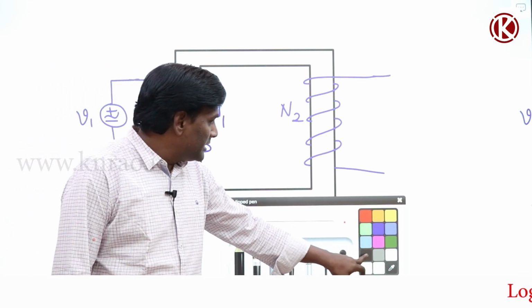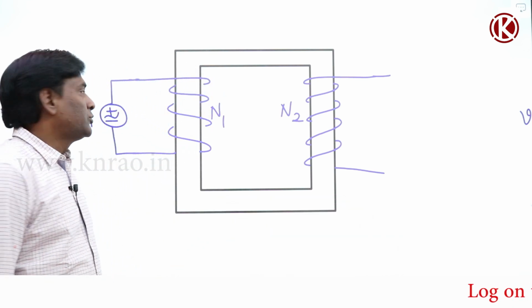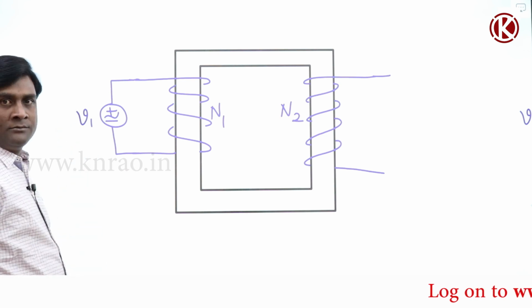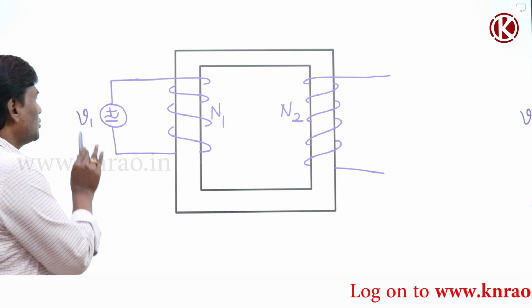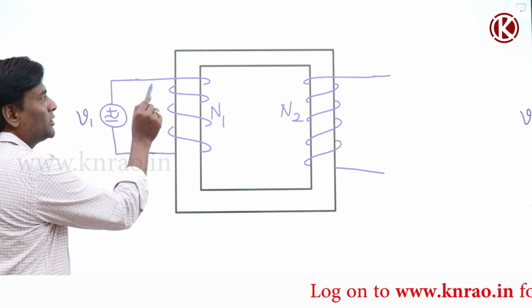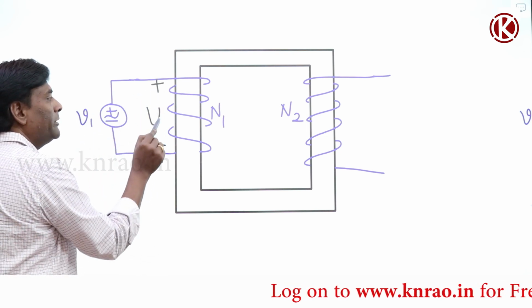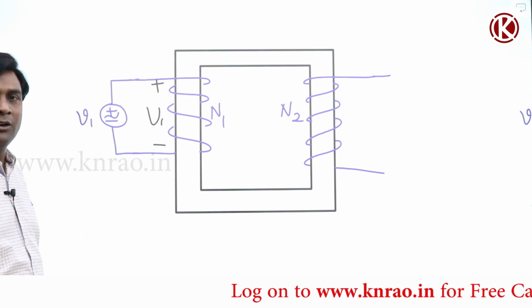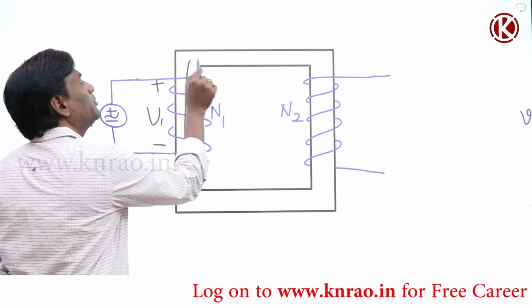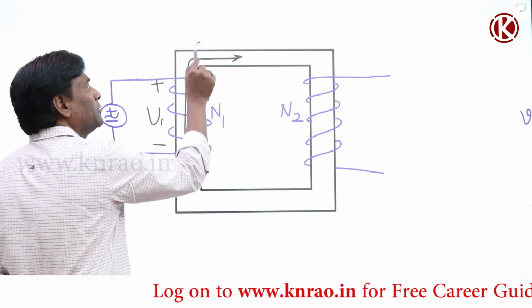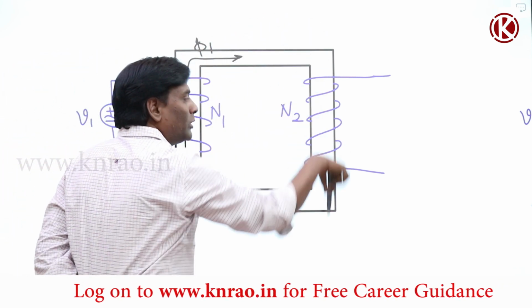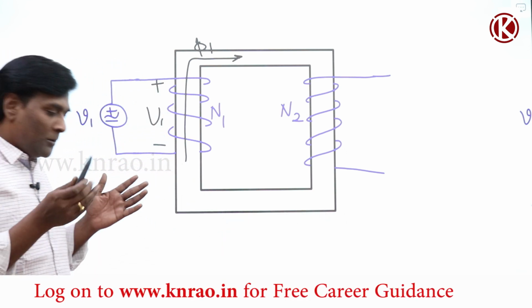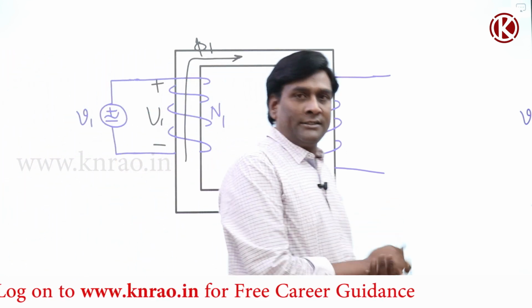The supply voltage is V1, and immediately after this I am going to connect a current source also. The flux produced by the first coil, φ1, is going to link the second coil completely. That is the property of an ideal transformer, there is no leakage.